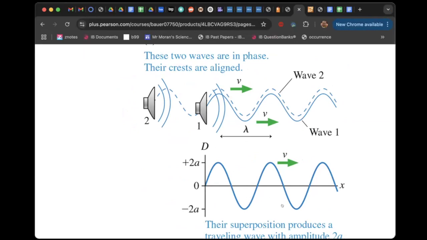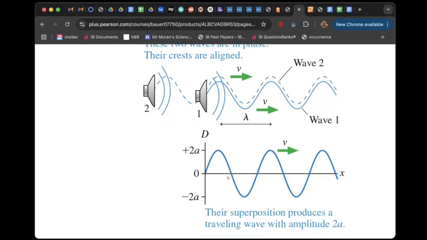The amplitude, so the wave is a bunch of particles moving back and forth like this, right? The fact that they're moving back and forth means that if they collide with your ear, then they bump into your ear and you hear something, right? If they're not moving at all, then you hear nothing.